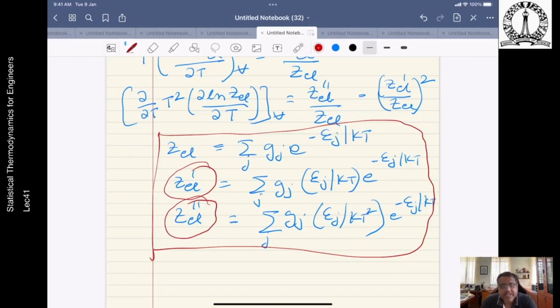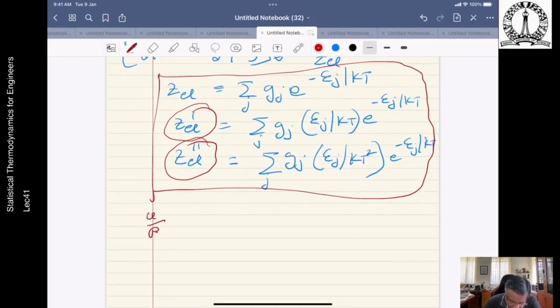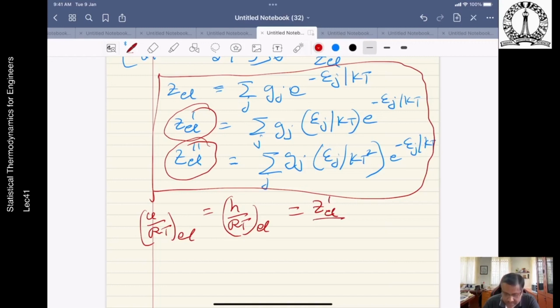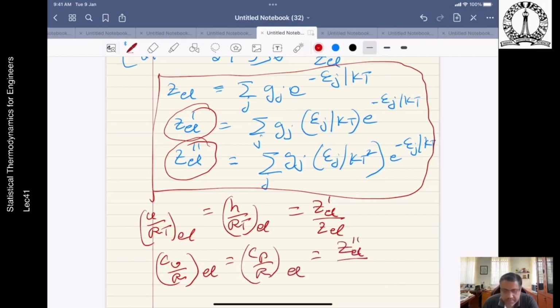So the immediately preceding expressions now provide the required tools for evaluating the contributions to the different thermodynamic properties for an ideal monoatomic gas. So U by RT electronic is equal to H by RT electronic, the first derivative, and then Cv by R electronic is equal to Cp by R electronic, which is the second derivative.